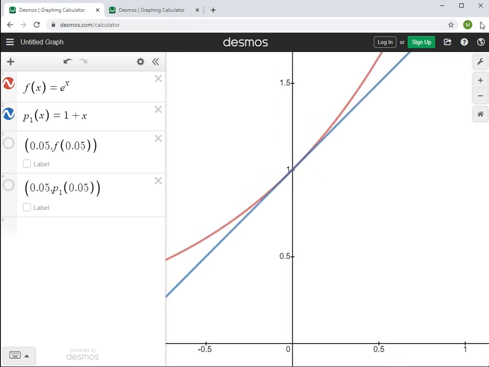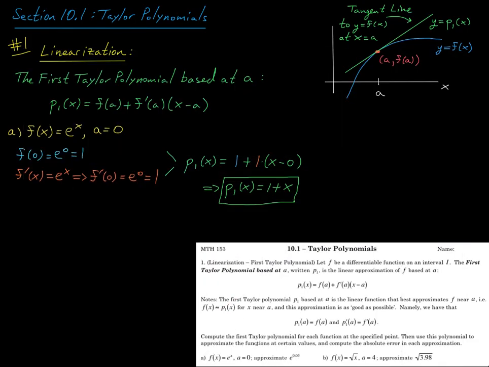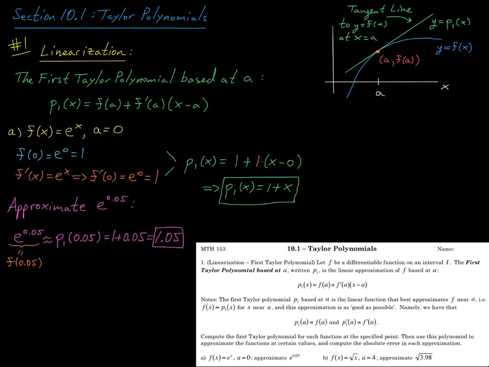All right, so now let's go back. We're now asked to approximate the value e to the 0.05. Well, here note that e to the 0.05 is just f of 0.05.